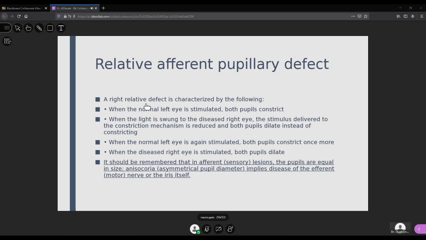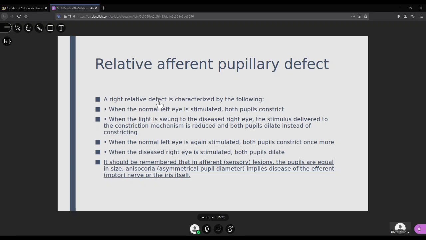A right relative afferent defect is characterized by the following. Let's say that the right eye is defective, the right optic nerve, for example. When the normal left eye is stimulated, both pupils constrict because it is normal.